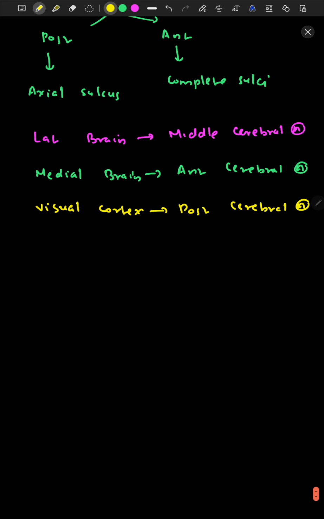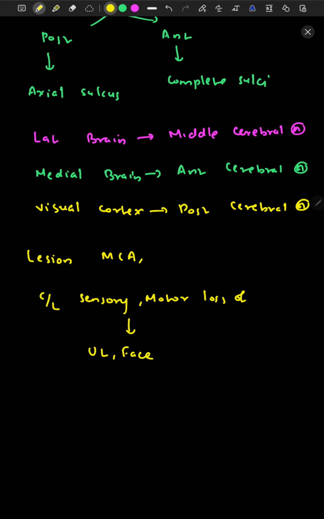So if there is a lesion in the middle cerebral artery, there will be contralateral sensory and motor loss of mainly the upper limb and face.